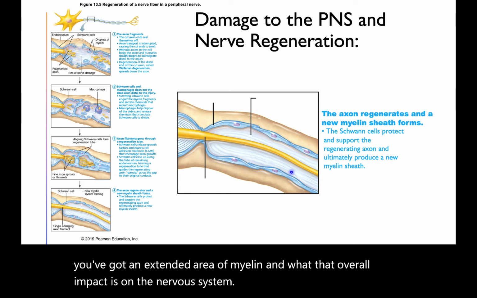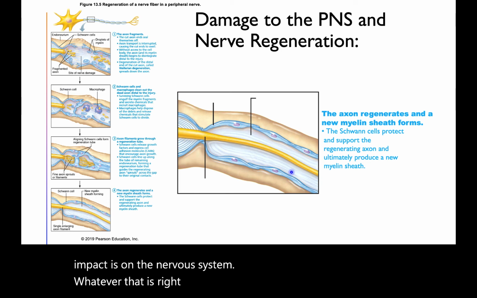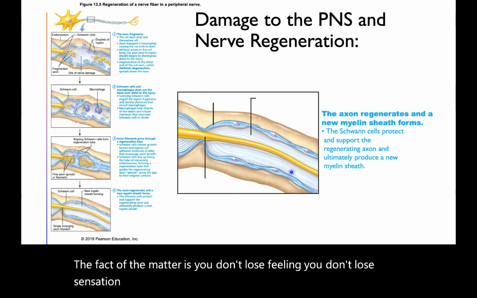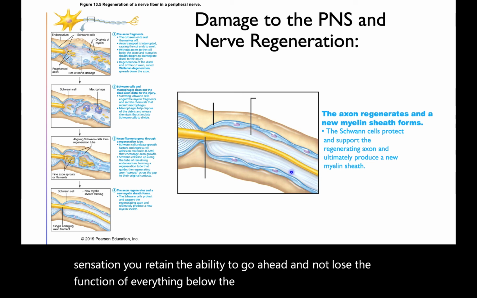Whatever that is, the fact of the matter is you don't lose feeling. You don't lose sensation. You retain the ability to not lose the function of everything below the cut. Right? And so that is important.